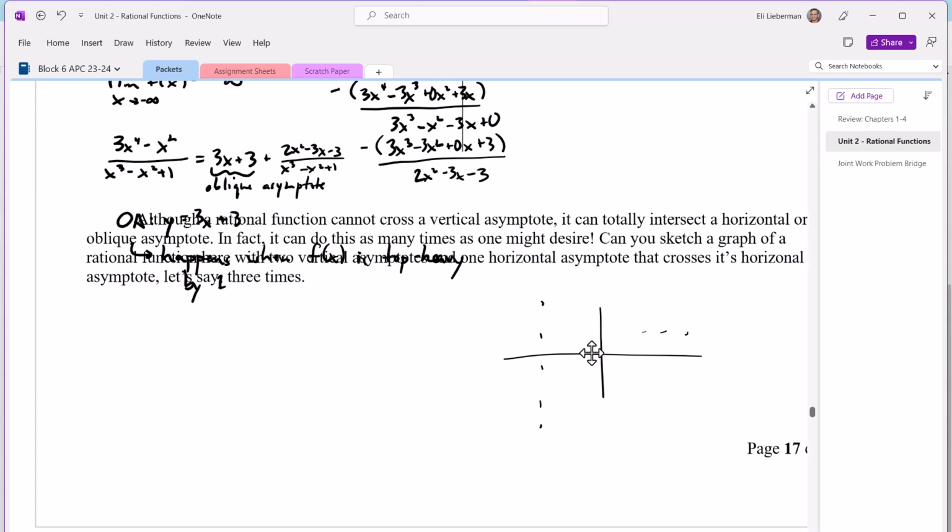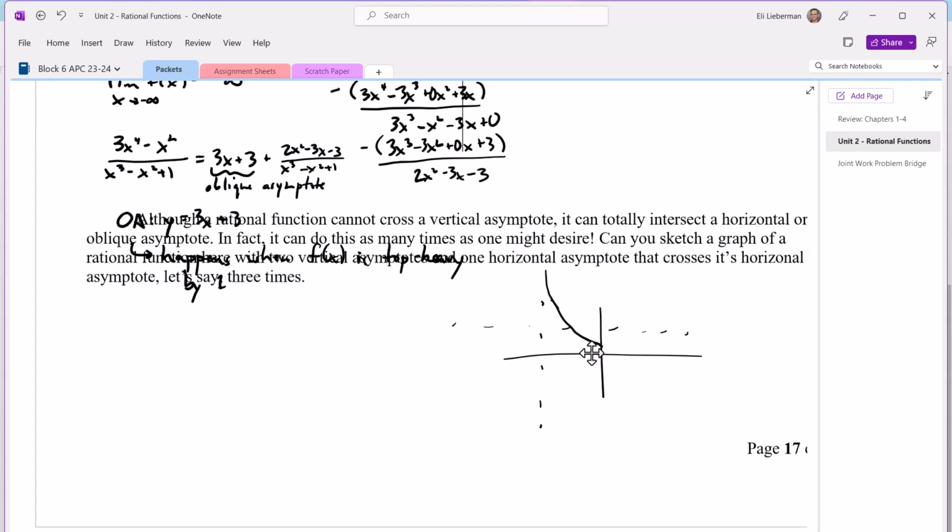But a horizontal asymptote just happens when x is going to infinity or negative infinity. So let's say that we're over here, obeying that vertical asymptote. What's saying we can't just cross that one? Nothing.